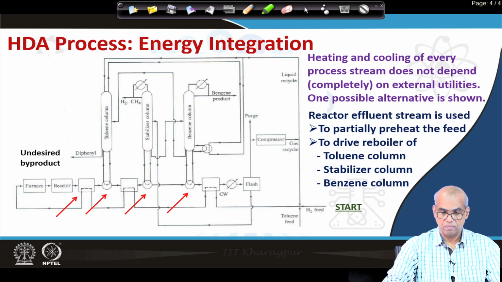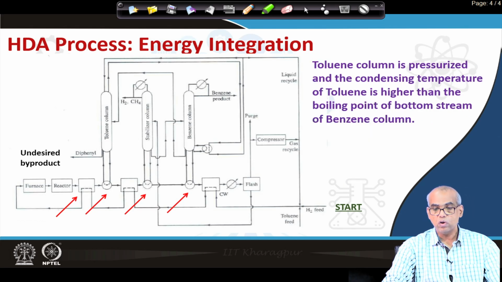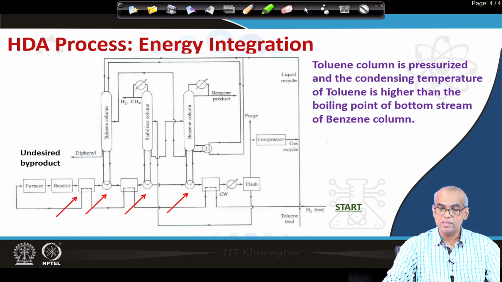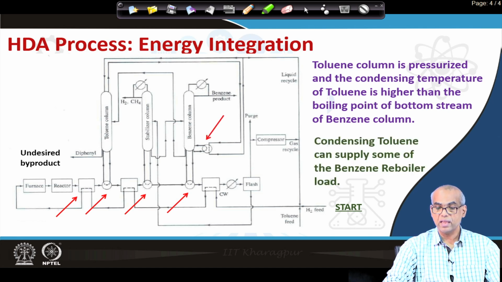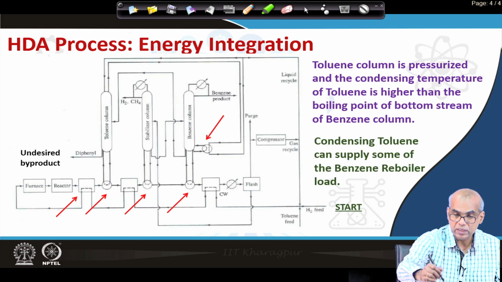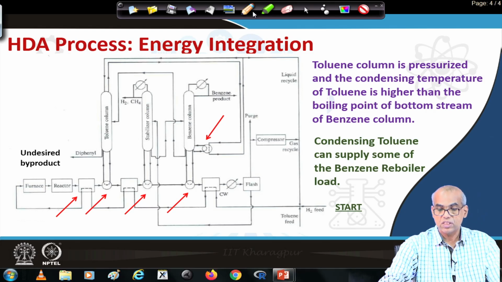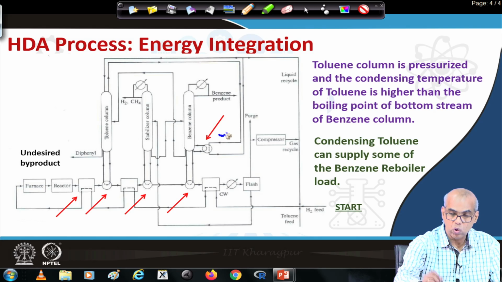reactor effluent stream. Now, the toluene column is pressurized and the condensing temperature of toluene is higher than the boiling point of the bottom stream of the benzene column. If that is the case, then the condensing toluene can supply some of the benzene reboiler load.